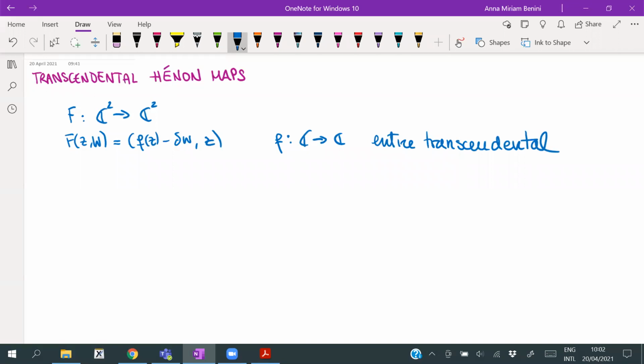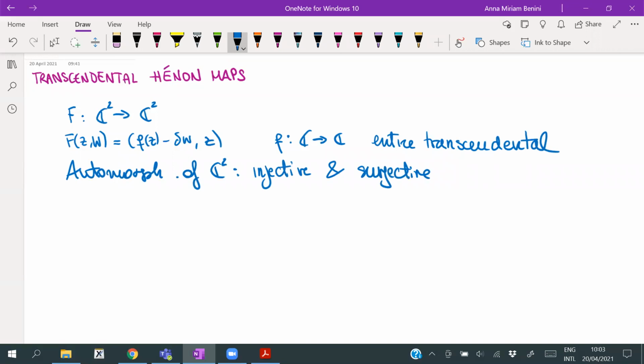So these are automorphisms of C2, which means that they are injective and surjective. So they are degree 1 from the topological point of view. This is completely different from what we have in one variable, in which transcendental maps have infinite degree in the topological sense.